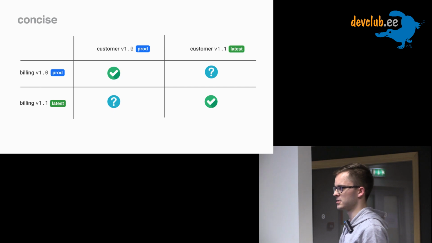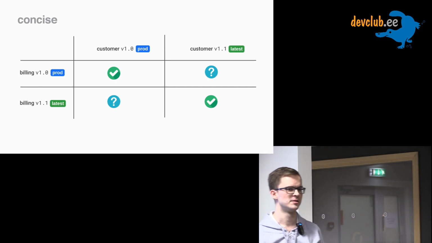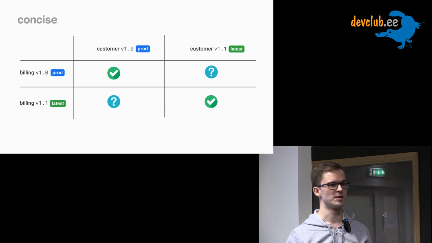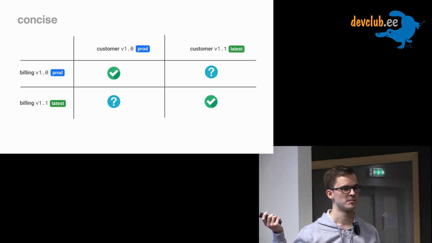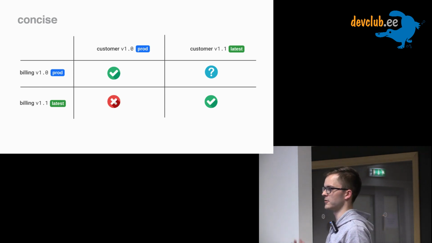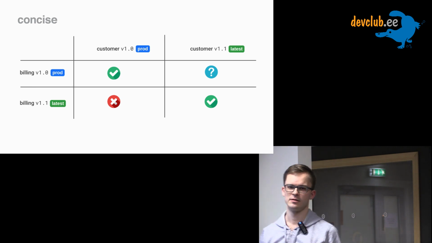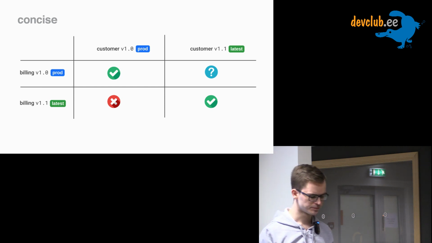What they can do is, for example, check out the production version of customer and run the Pact tests, which will fetch the latest billing Pact and run the test. If it failed, they know that we as a billing team cannot deploy our changes to production because we will break something.